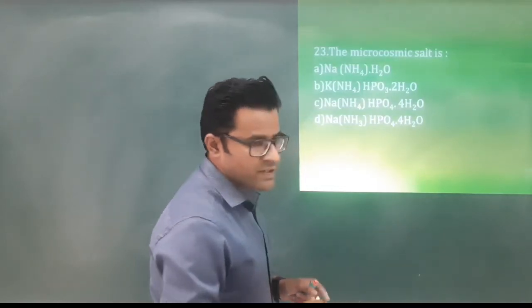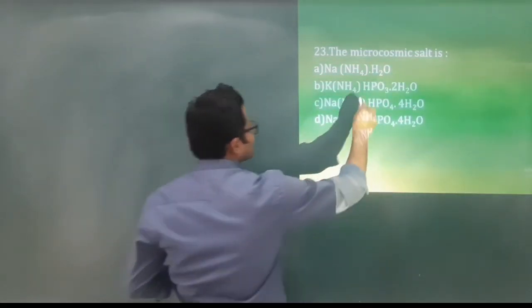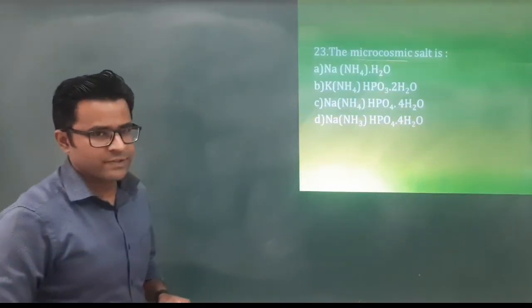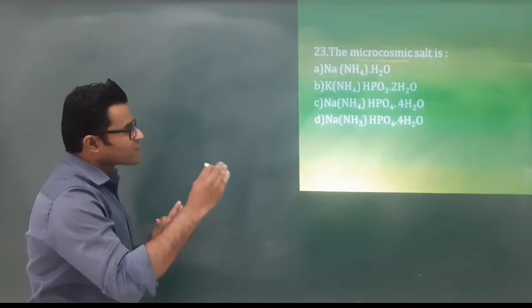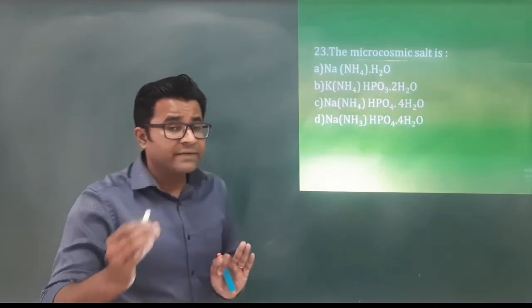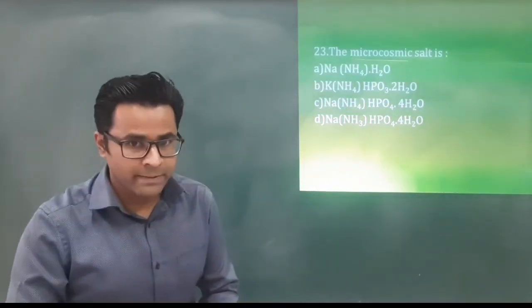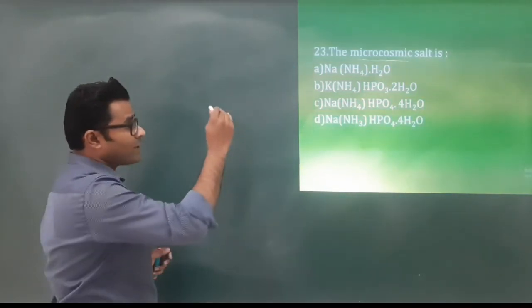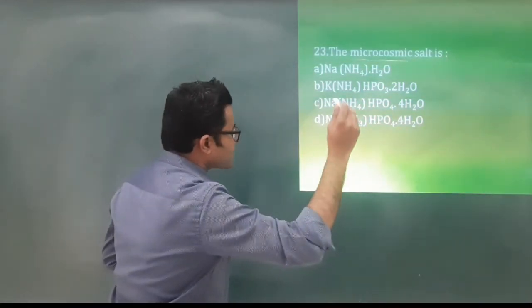The microcosmic salts. First thing is we need to understand what exactly is this microcosmic salt. Microcosmic salts are those particular salts which are derived from human urine in a crystallized form. Now that is called the microcosmic salt.